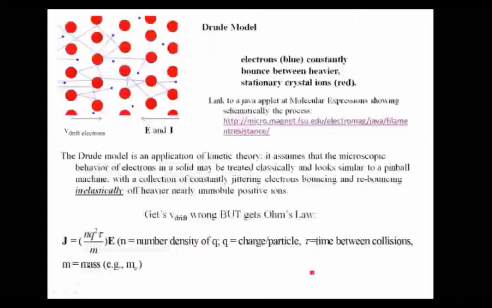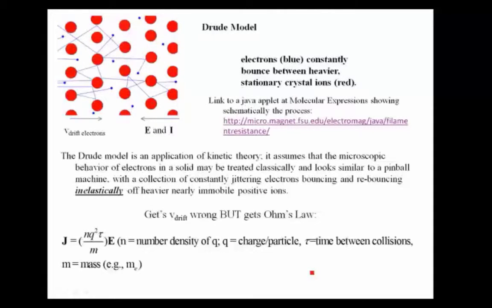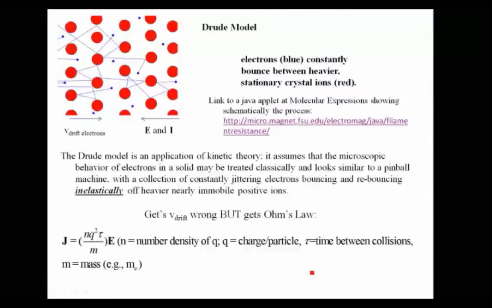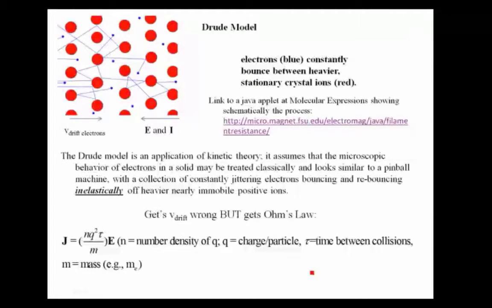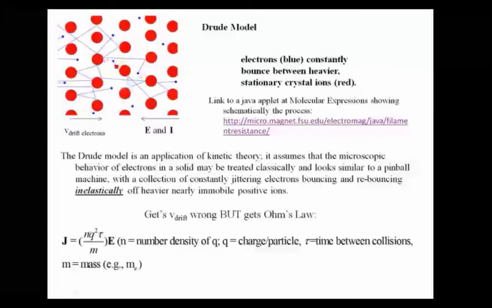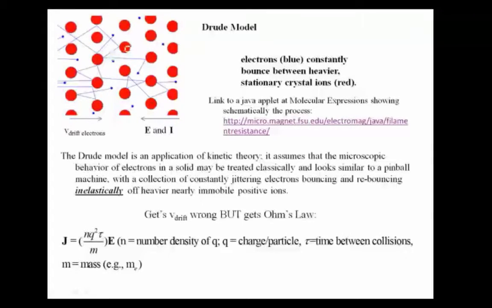Well, let's talk about the Drude model. This is a fairly interesting model. It was developed back in the early 1900s. The idea is to try to apply kinetic theory of gases to electrons in a solid. And the idea is that you have these electrons represented by these blue symbols, and the ions of the lattice are shown as these red circles.